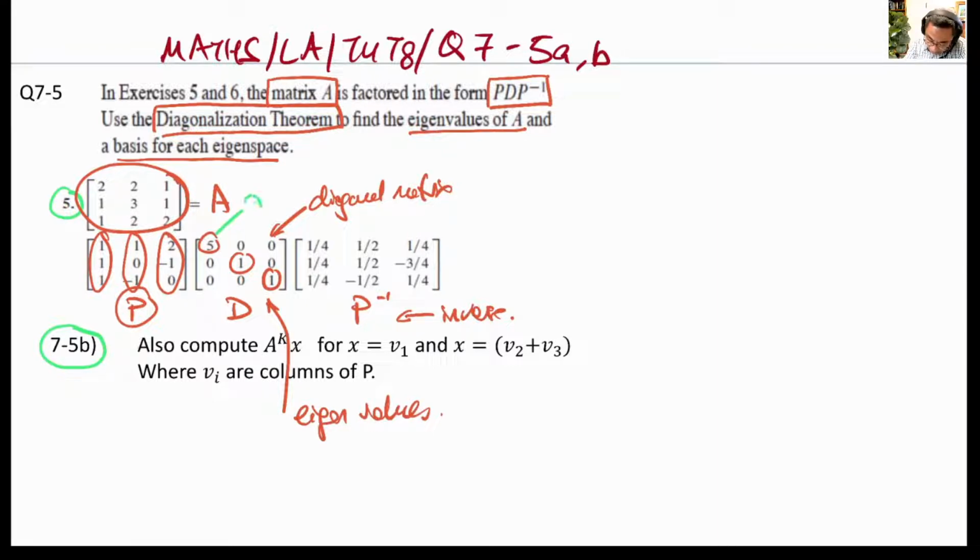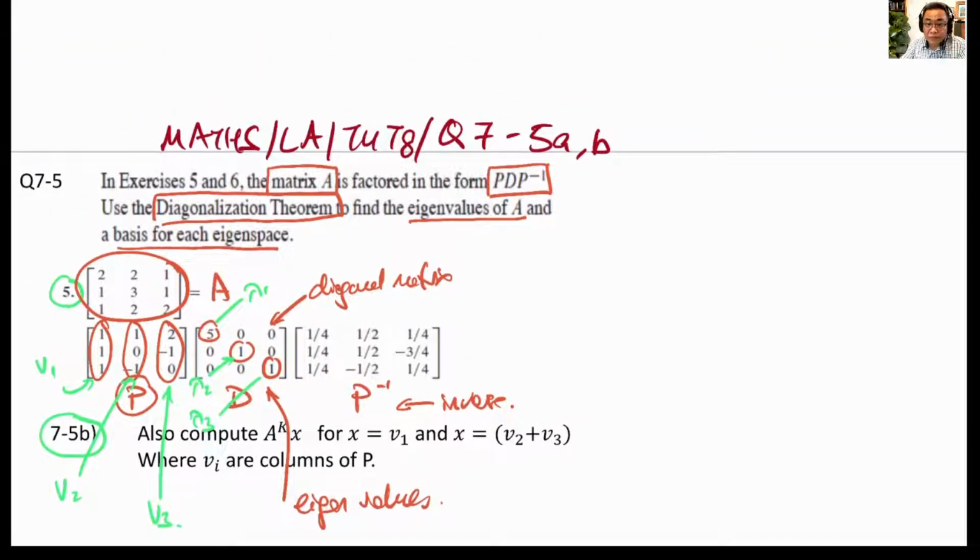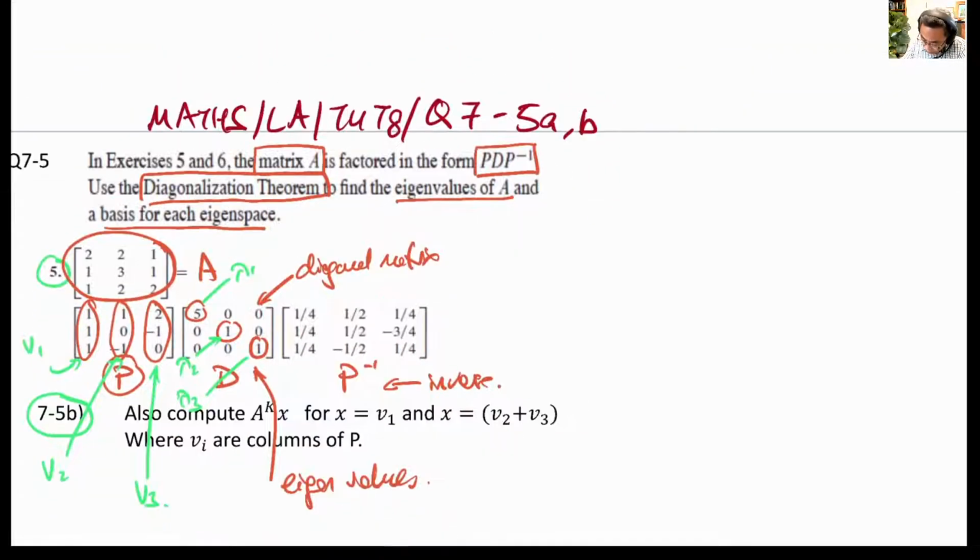This is lambda 1, this is lambda 2, the last one is lambda 3. And we have V1 here, the second column is V2, and the third column is V3. So let's write it down. The eigenvalue lambda 1 is equal to 5, its corresponding V1 is 1, 1, 1.